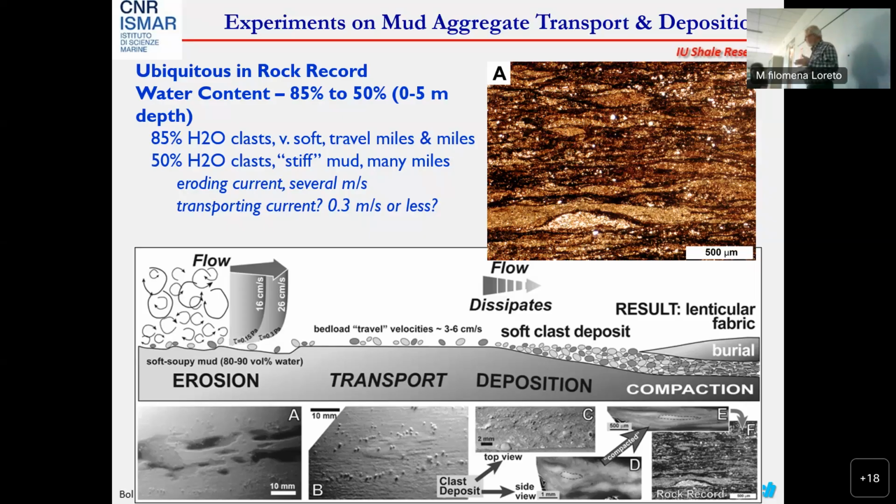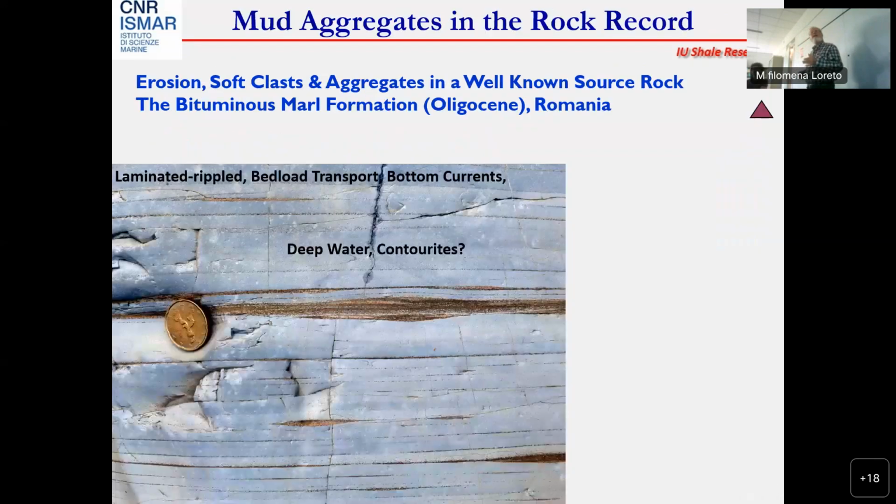It is common, very common in the rock record. A nice example is here from Romania, the so-called bituminous formation, which is all you can see. This is the source rock of the Romanian oil fields. And this is what it looks like. Sort of nice, evenly bedded.